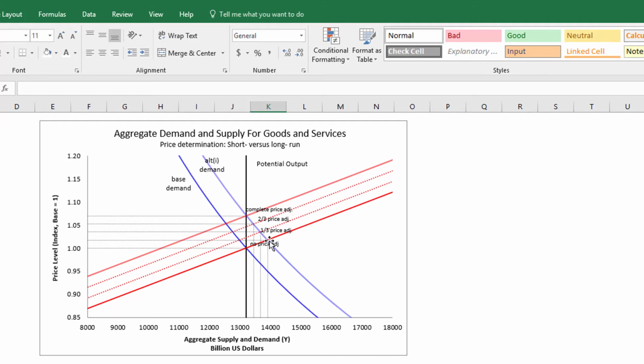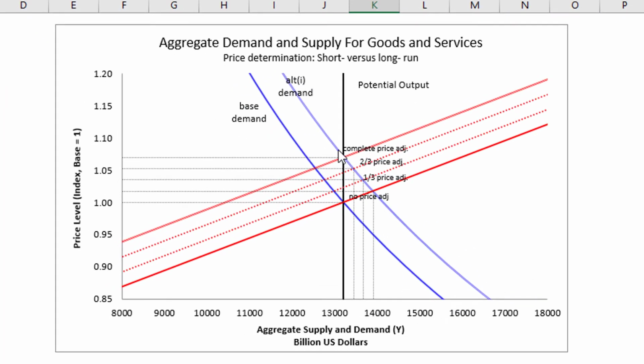Then we get this gradual upward shifting of the curve, until finally we get back to potential output, and we get an equiproportionate change in prices.